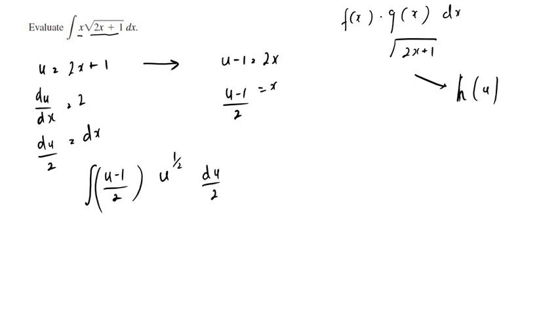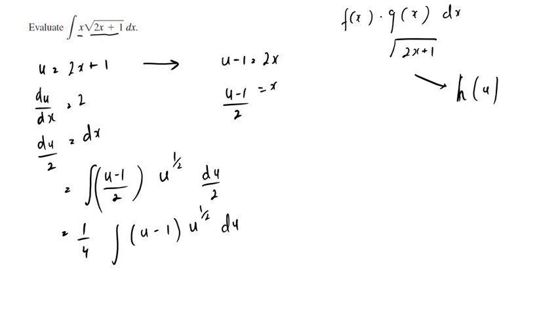So now it's a little complicated here. What we'll do is we'll take this as equal to 1 over 4 times the integral of (u minus 1) u to the power half du.